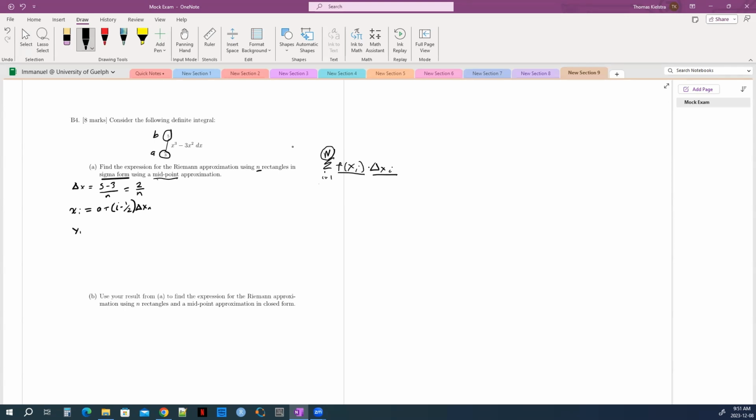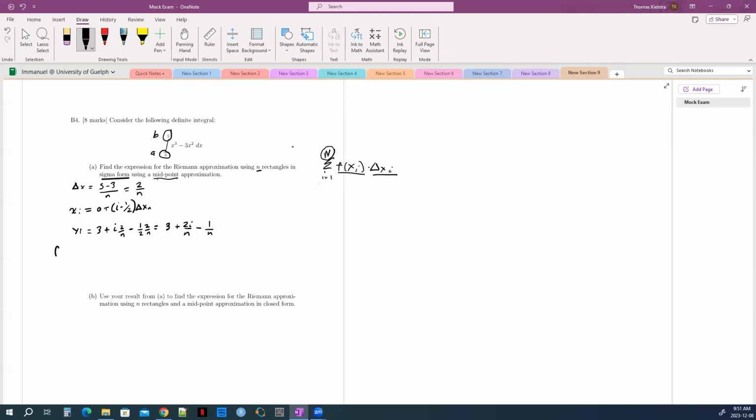So xi is going to equal 3 plus i times 2 over n minus 1/2 times 2 over n, which is going to equal 3 plus 2i over n minus 1 over n.